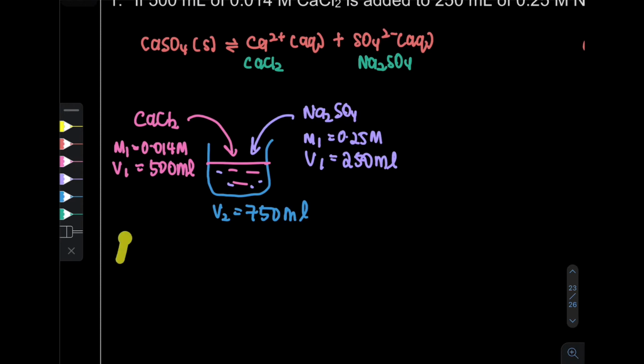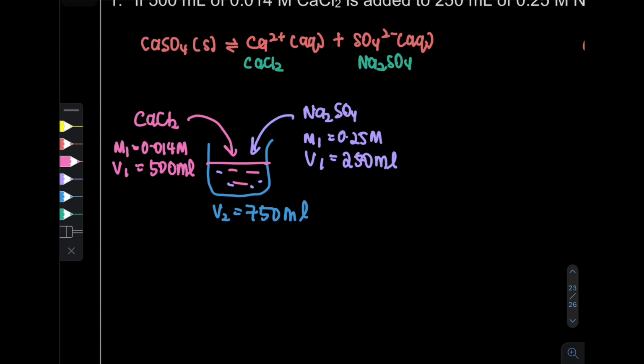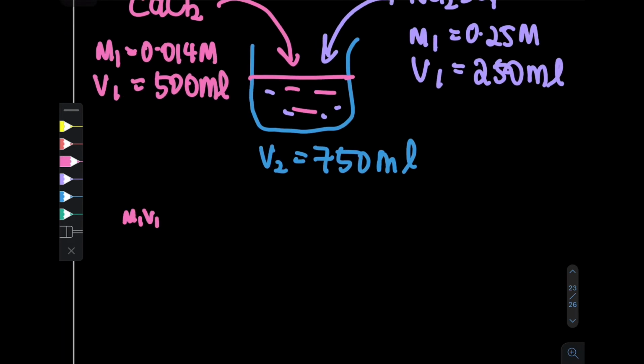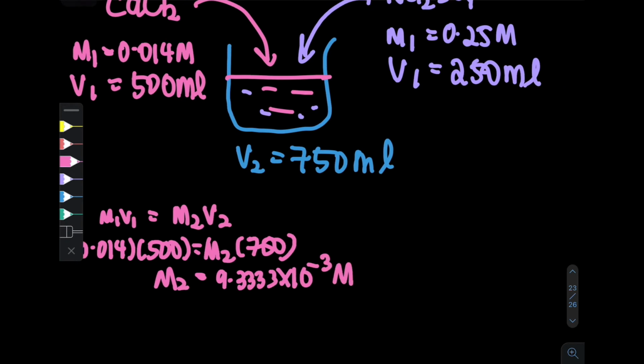So sekarang ni kita kena cari the new concentration of our ion, sebab sekarang ni our volume is different. So sama juga, kita akan guna M1V1 equal to M2V2. So we will get the concentration of our calcium chloride, CaCl2.